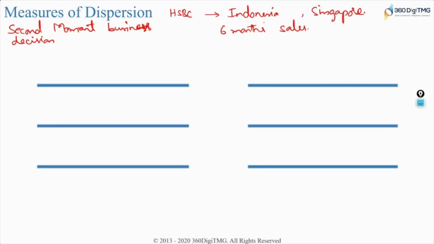Is the number of people working in these countries the same, or is there any variation? That will be the second question which any senior management person should ask and would ask. Hence, these measures are called second moment business decision.